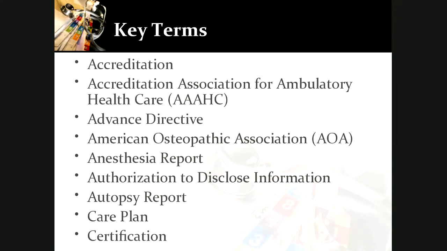That's getting into more of the natural healing type things, right? Anesthesia report, authorization to disclose information, autopsy report, care plans, certification. These are all things that you're going to find in a health record.